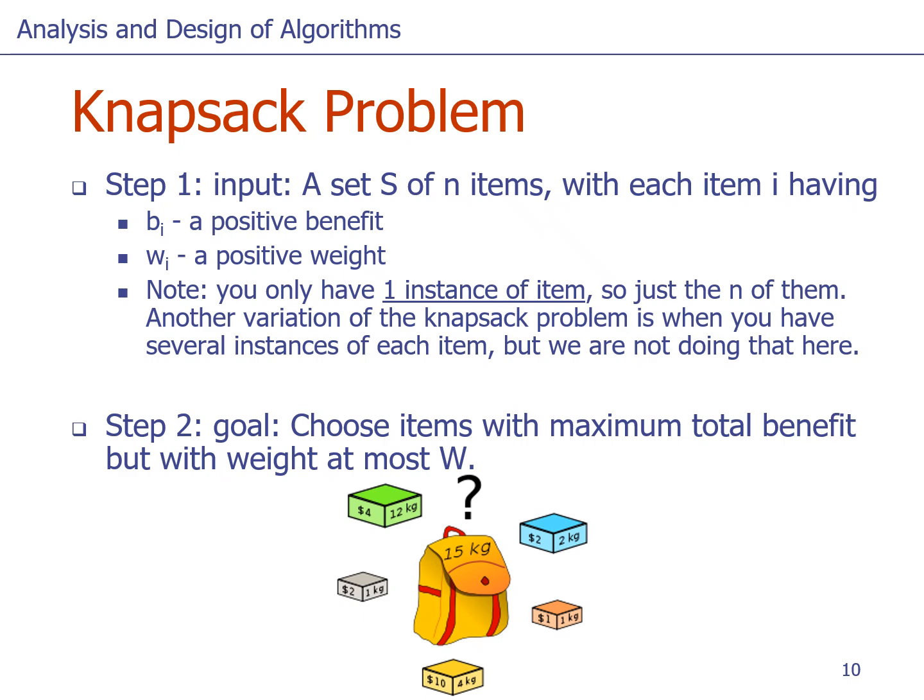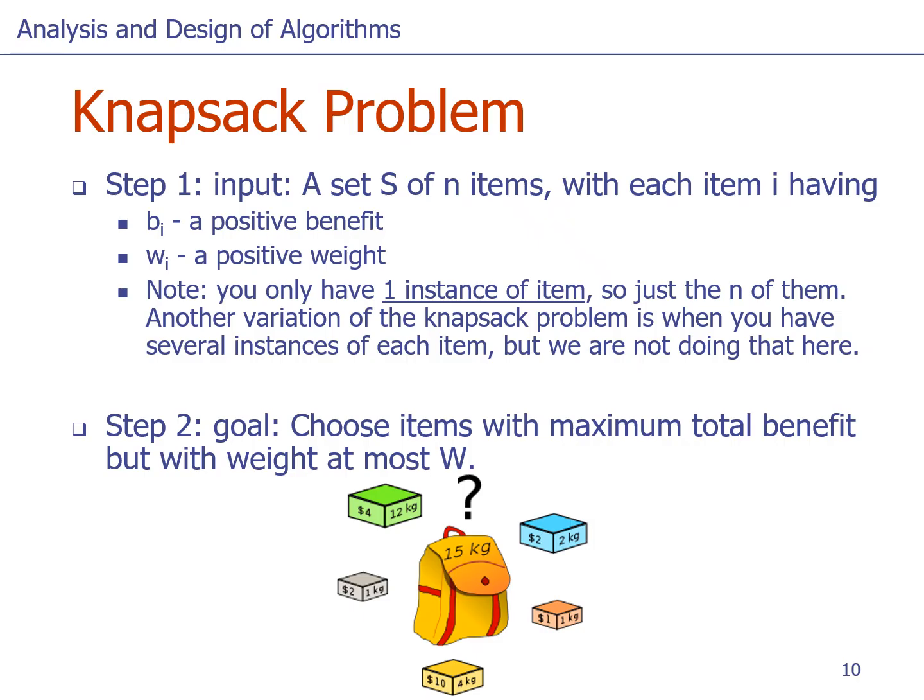Now, one note here is that I will assume that I have one instance of each item. There are variations of the knapsack problem. I've already discussed with you one way to classify knapsack problems, whether it's 1, 0 or fractional. There is another way actually to classify knapsack problems, which is whether the set of items you're picking from are infinite or they are unique.